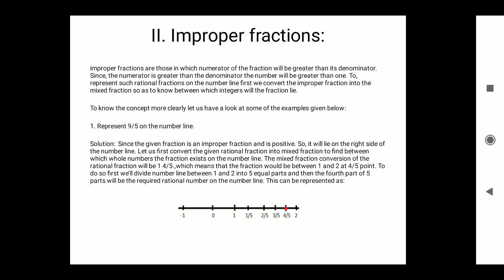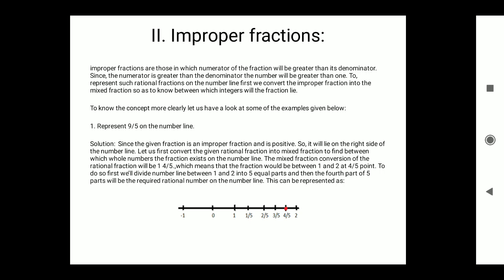The mixed fraction conversion of the rational number will be 1 4 upon 5. It is a mixed fraction, which means the fraction would be between 1 and 2 at the 4 upon 5 point. So first we will divide the number line between 1 and 2 into 5 equal parts.